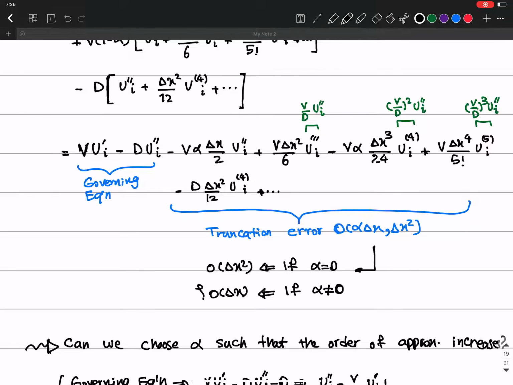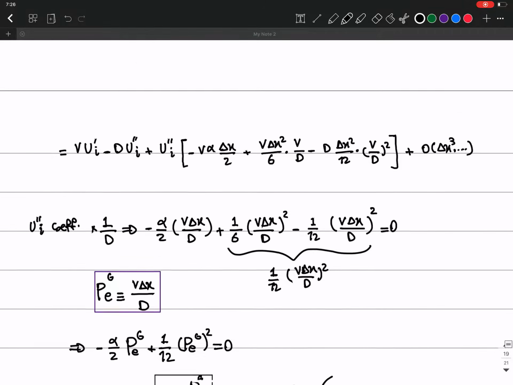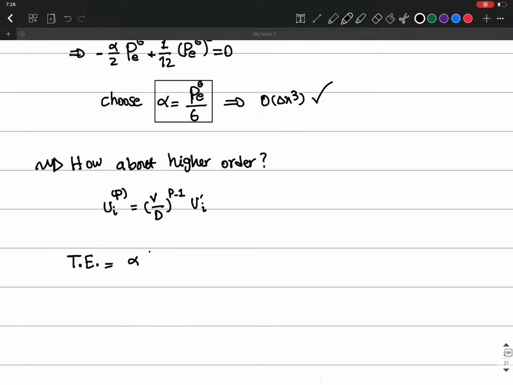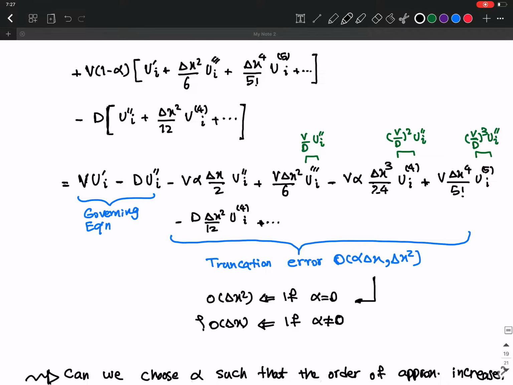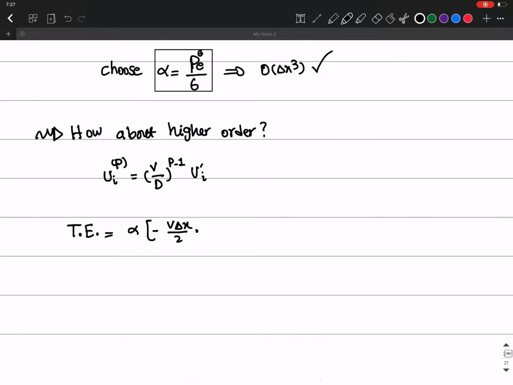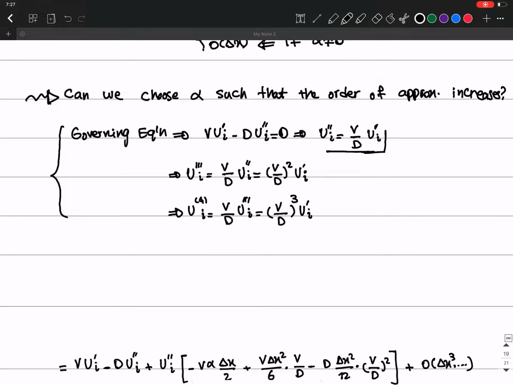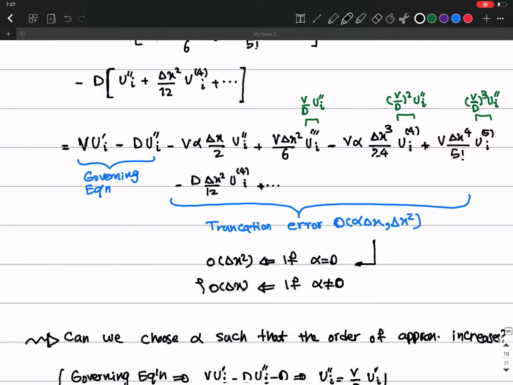The first one is going to be v delta x over 2 alpha, minus v delta x over 2. Then instead of u double prime, I'm going to write v over d times u prime, so I have v over d u prime i. And then I have the next term, which is going to be this one.